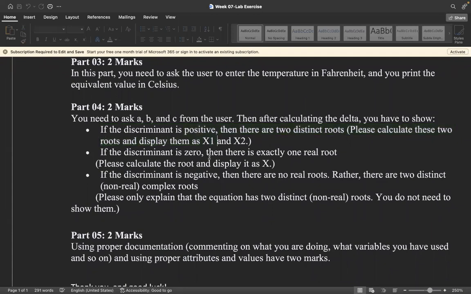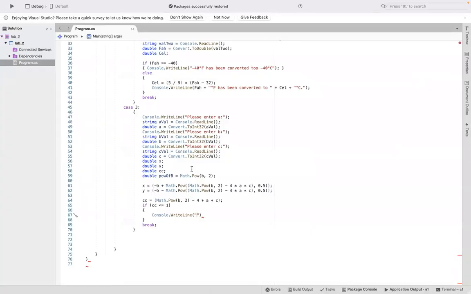You can just copy paste what the teacher said and then just paste it there. It's the third point. If the discriminant is negative, then there are no real roots. Yeah, just copy. There are no real roots.